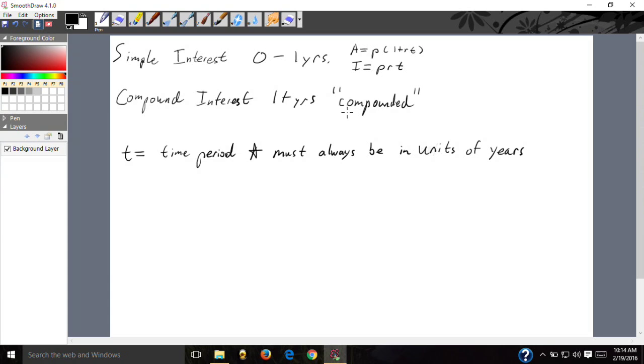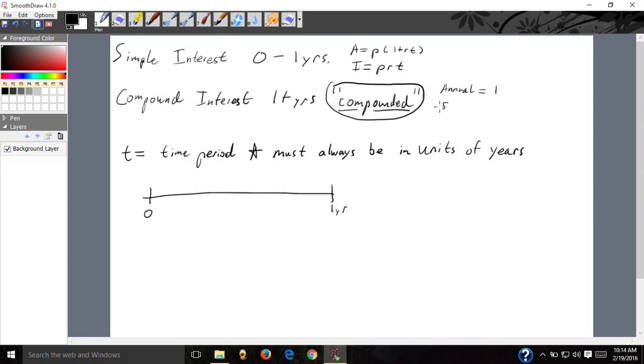Besides the equations that we're looking at, the one thing that you always want to look for is that in compounded equations or word problems, they will always say compounded for some period of time. Now they can say annual, which is equal to 1 year, so once in a whole year. Okay, I have a timeline. This is 0, 1 year.